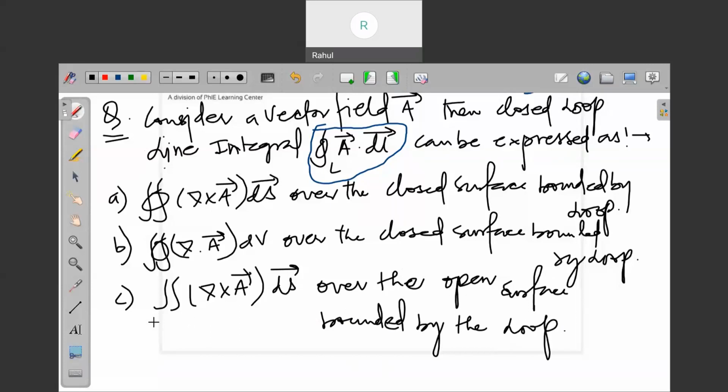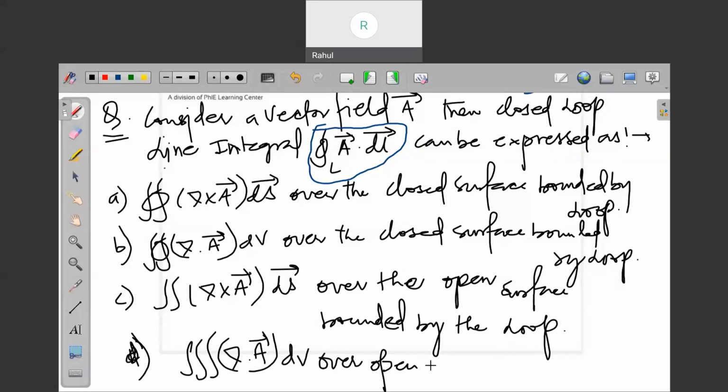And the last option, that is option D, is given as triple integral A dot divergence of A vector dV over the open volume bounded by the loop, right?